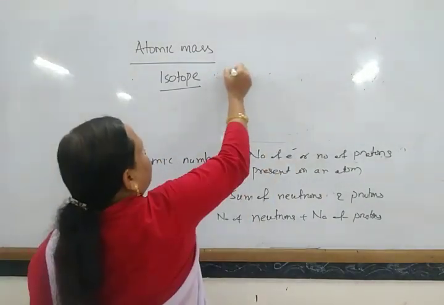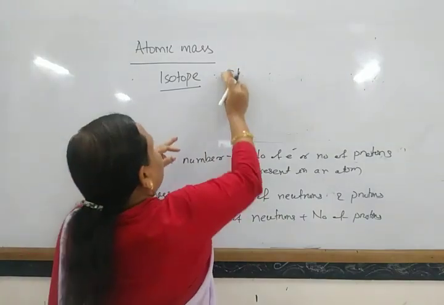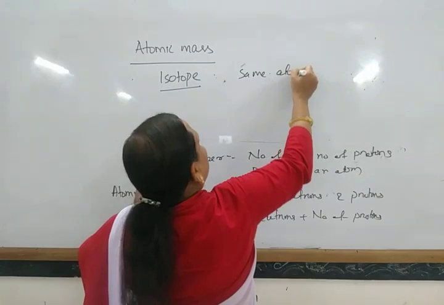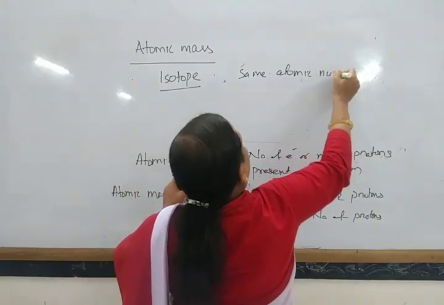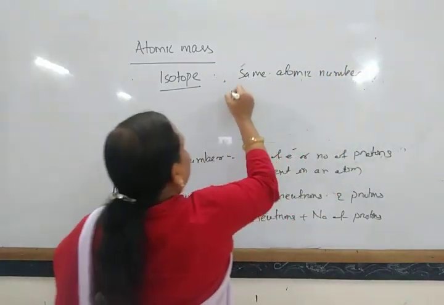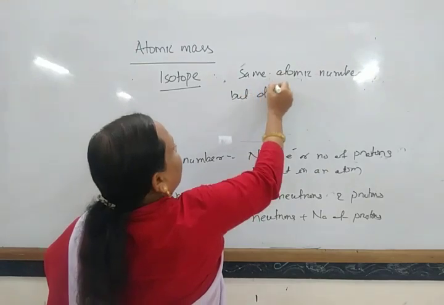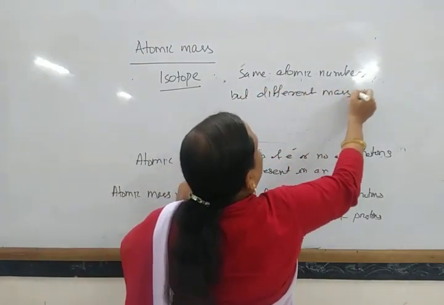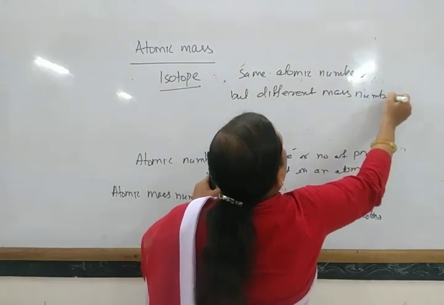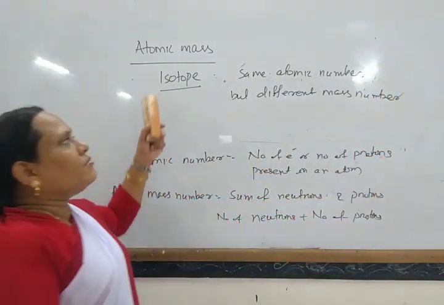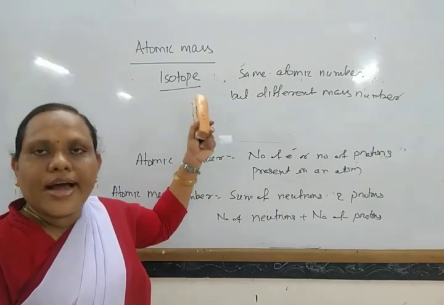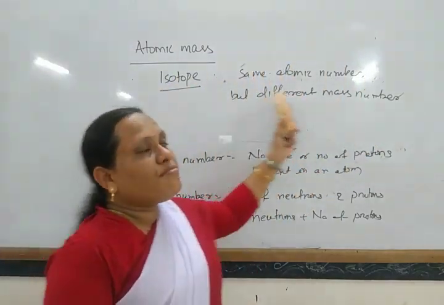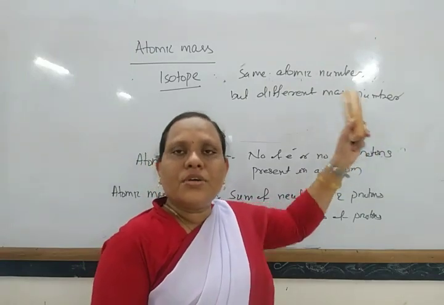Elements having same atomic number but different mass number are known as isotopes.